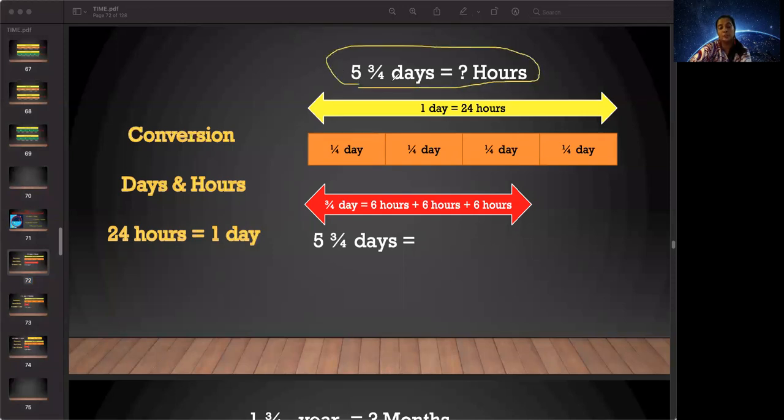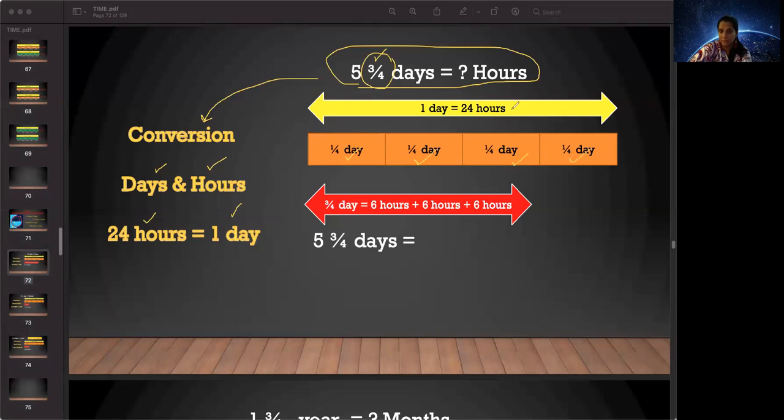Now, in order for you to understand this question, you must know the conversion between days and hours. And you must know that 1 day equals 24 hours. And also now you use your knowledge of fractions. 3/4, how do you represent 3/4 as a diagram? So you have a rectangle and you divide it into 4 parts. Every part is known as a quarter.